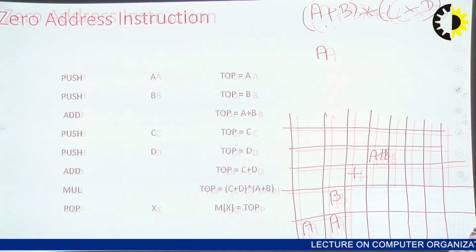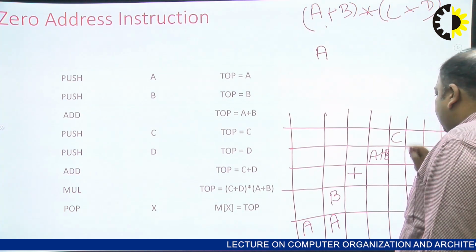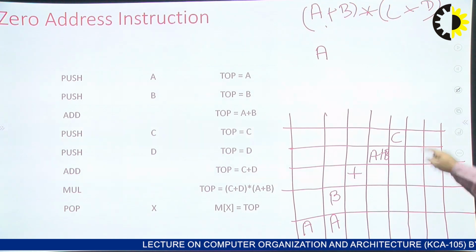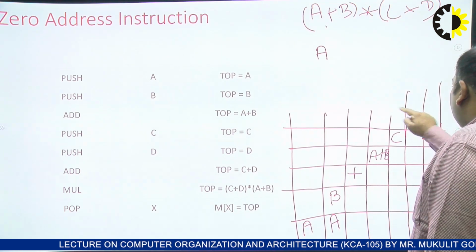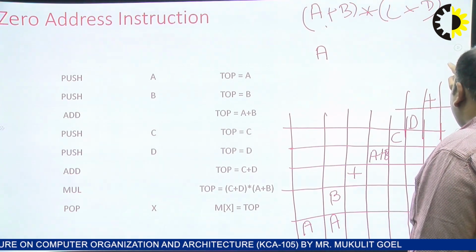In the same way it is done for the second part of the instruction. Now we push the data C, then push the data D. Then we apply our operation, which is add.